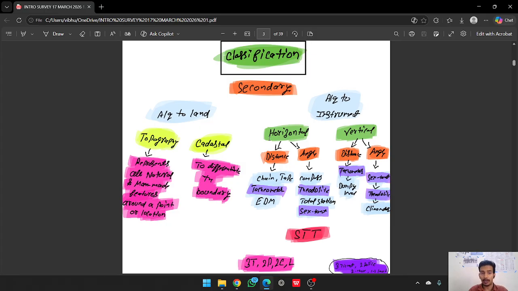Topography represents all natural and man-made features around a point or location, like hills, mountains, rivers. These are included in topography. And the second is cadastral.